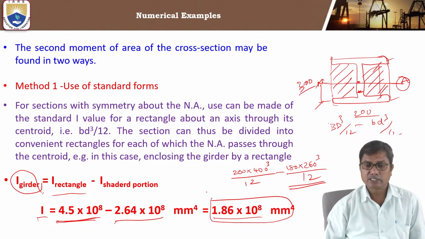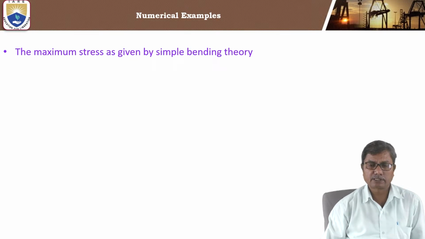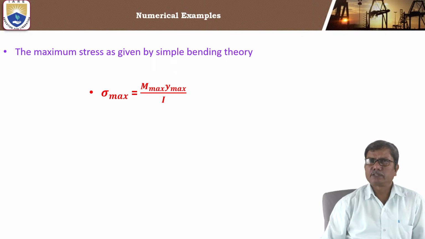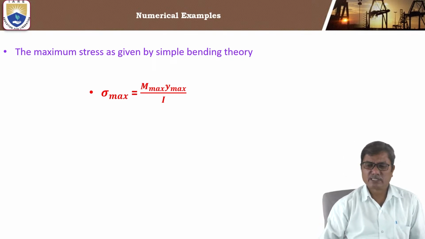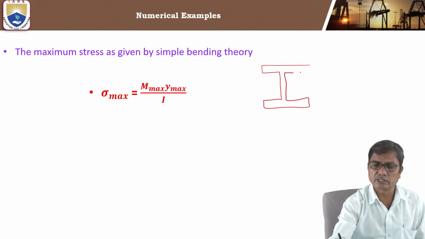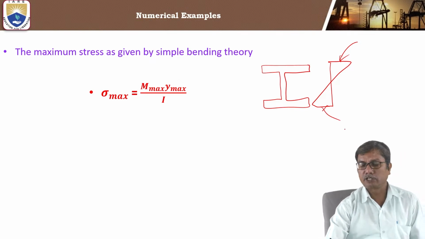Okay, and the second part is to find the maximum stress set up in the cross section. As we know, the maximum stress sets up at extreme fibers, either the topmost or bottommost layers.